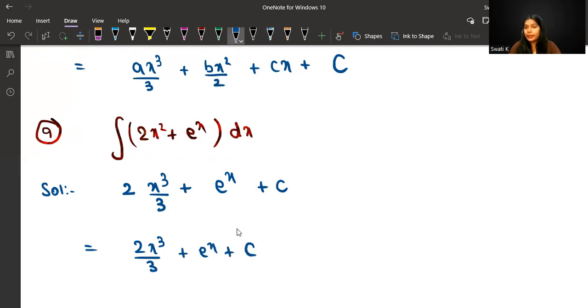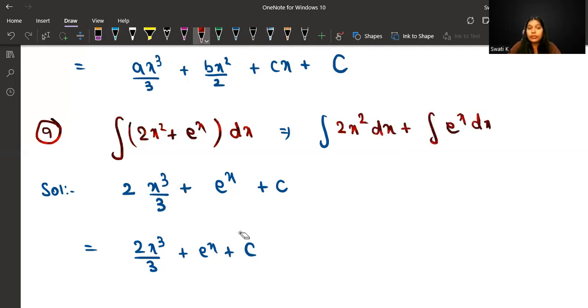Remember, here I'm skipping the first step. You don't skip the first step. What is the first step? For this particular question, you write down integration of 2x squared dx plus integration of e raised to x dx, just distributing it.